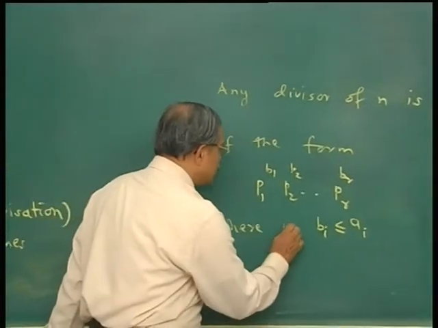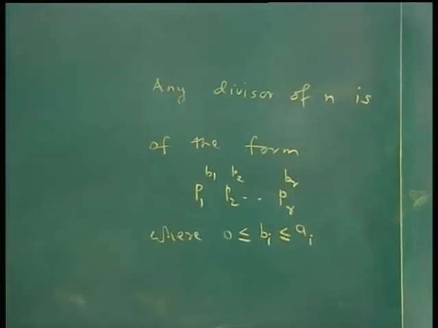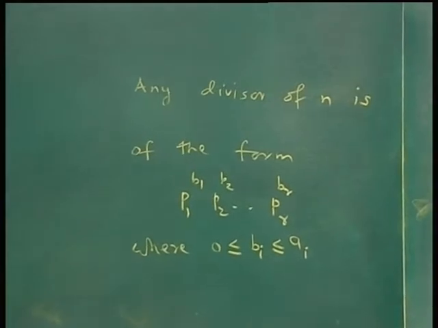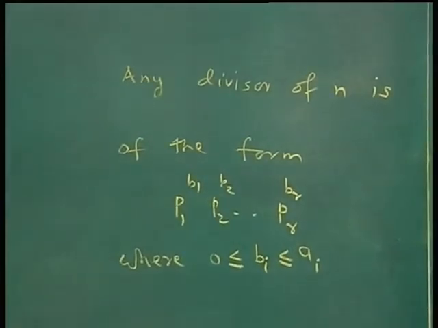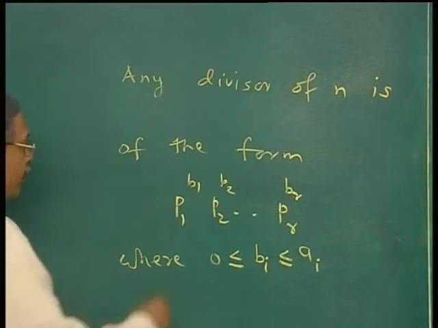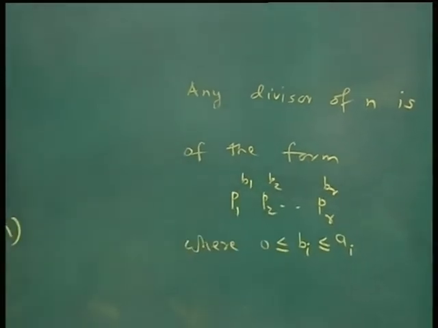So we will say 0 less than equal to bi less than equal to ai. Now from the fundamental theorem of arithmetic, we know that these bi are uniquely determined for a divisor.